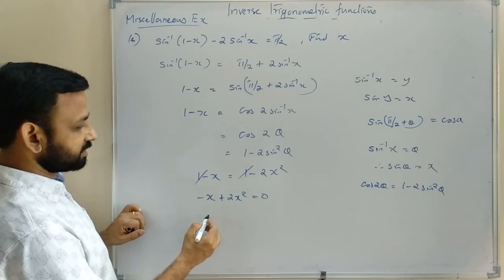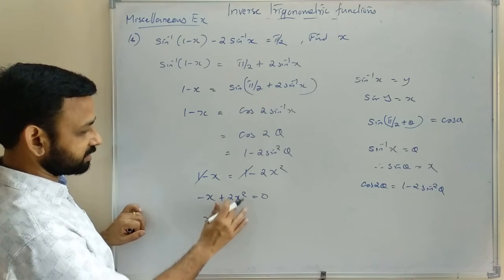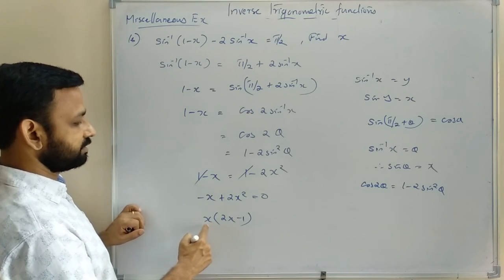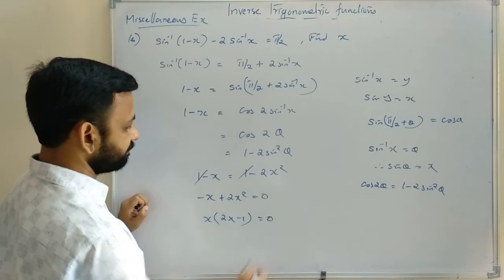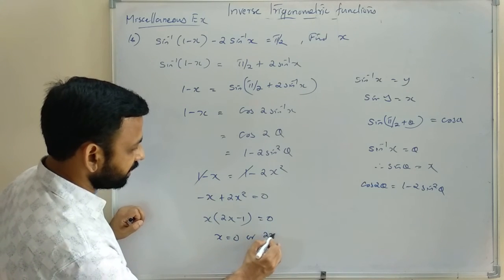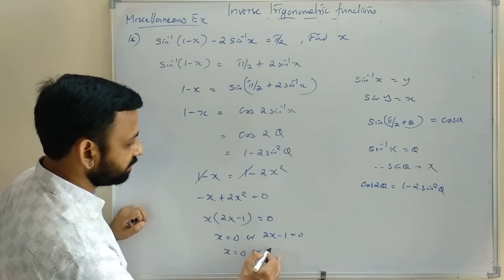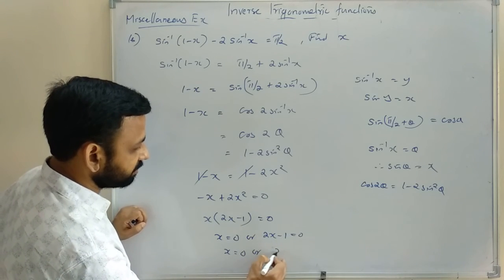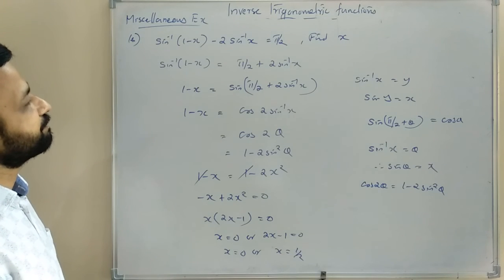Now we take x outside: x into (2x minus 1) equal to 0. That is x is equal to 0 or 2x minus 1 equal to 0, so x is equal to 0 or x is equal to 1 by 2.